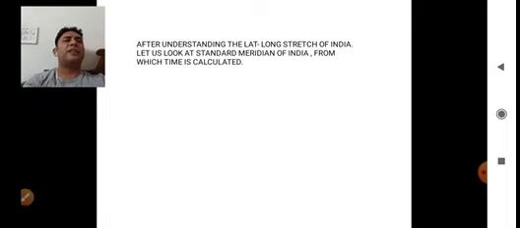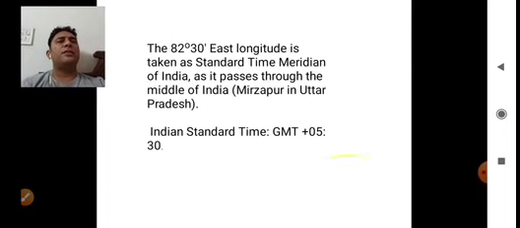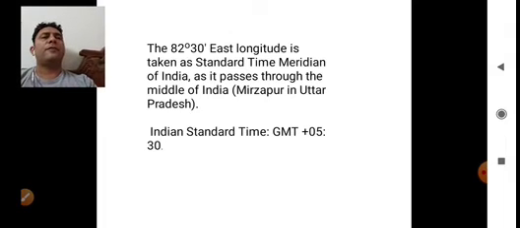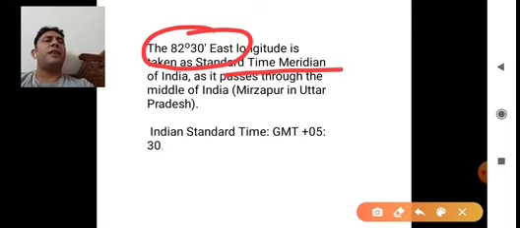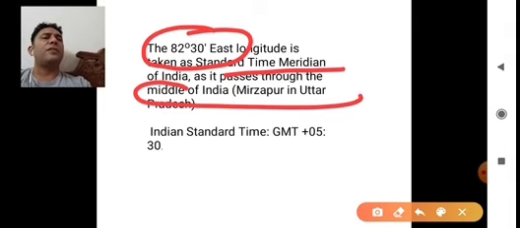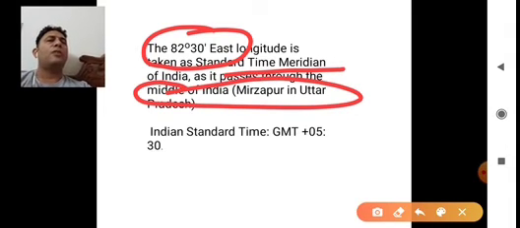Now after understanding the lat-long stretch of India, let us look at the standard meridian of India, from which we can calculate the time. We have learnt from books and various sources that 82 degree 30 minutes east is the standard meridian of India, as it passes through the middle of India, that is, from Mirzapur, Uttar Pradesh, from north to south.